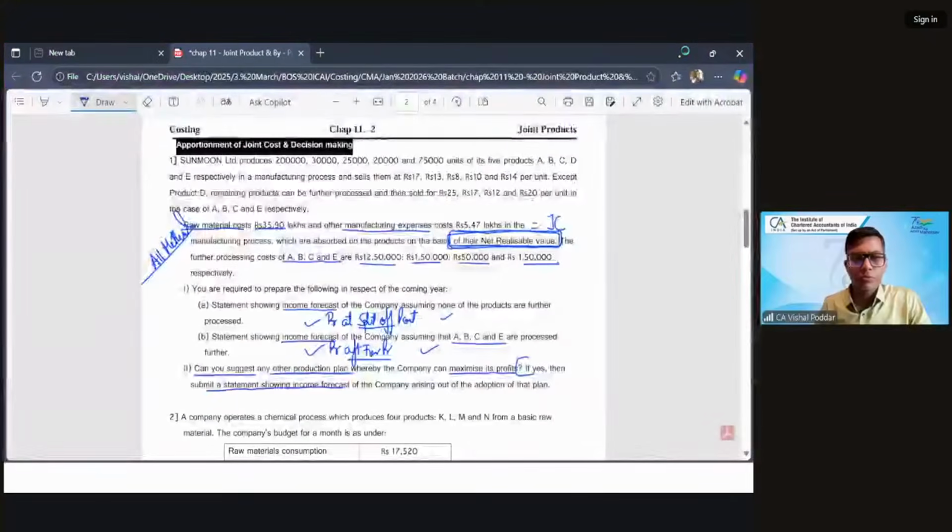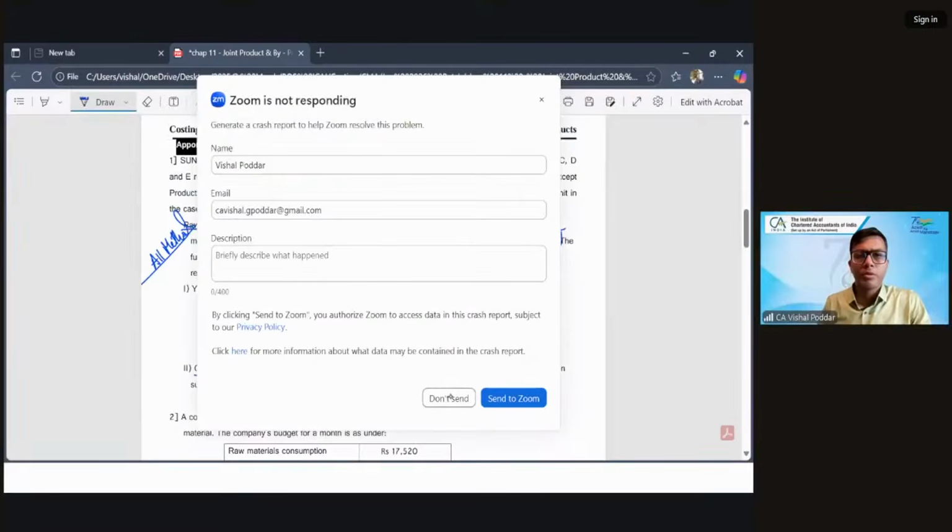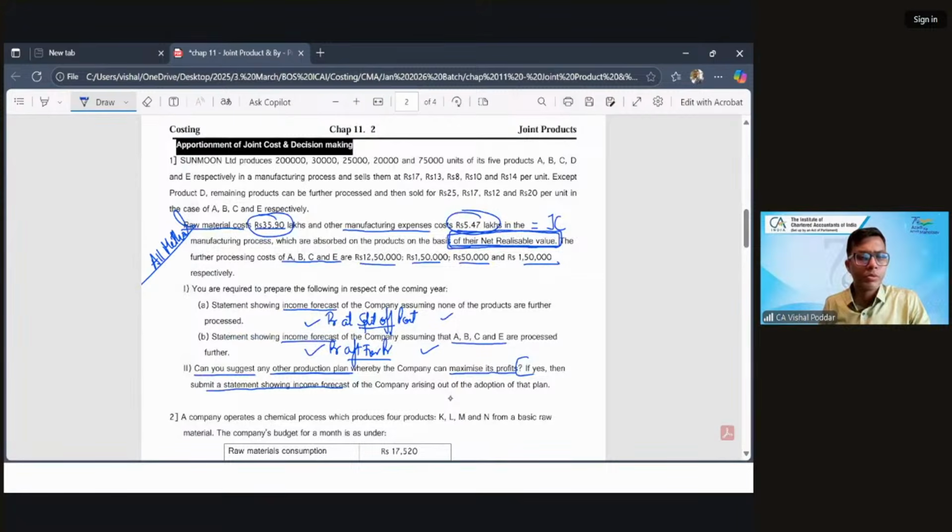So 3590 is the material cost and 5.47 is the manufacturing cost. So 3590, 5.47.